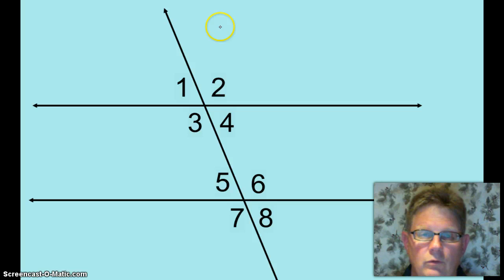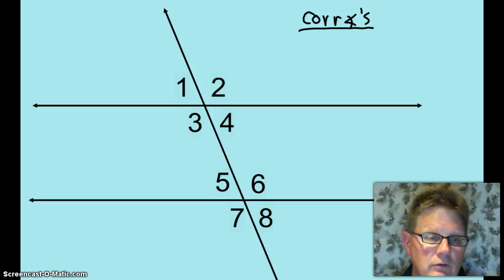Alright, this is what we're going to do. First, I'm going to ask you to write down all pairs of corresponding angles. And you should come up with 4 angle pairs. So go ahead and pause, write down those 4 pairs, and come back and check with me.